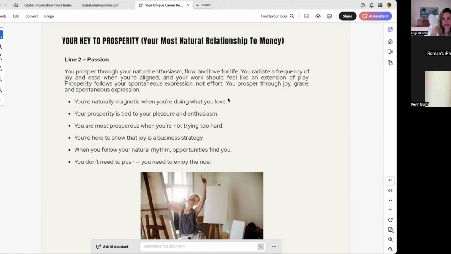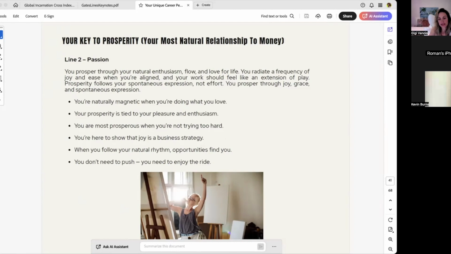So that's something for you to look up a little deeper, the 63 and the 2, but the 2 in this line is always going to be passion. So you're bringing passion into truth, and joyful flow and magnetism, creative expression.